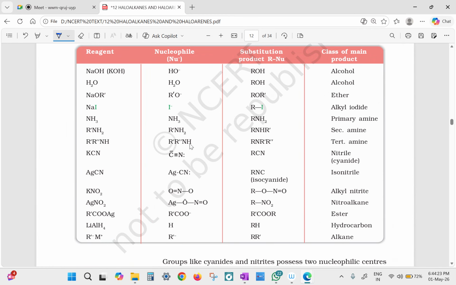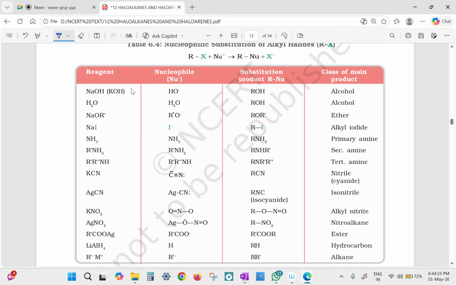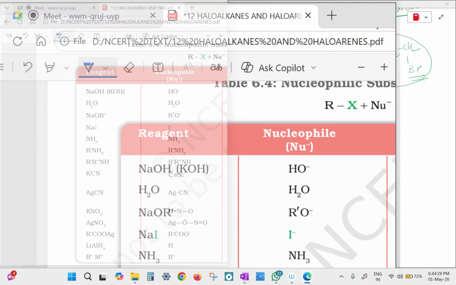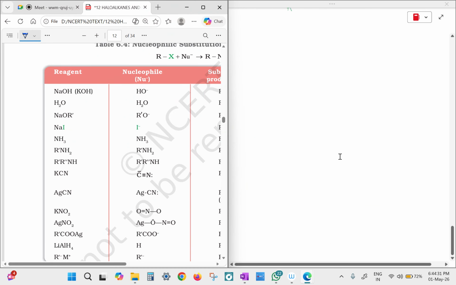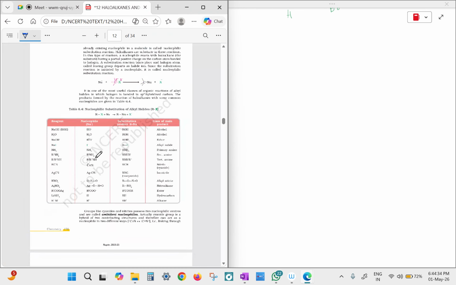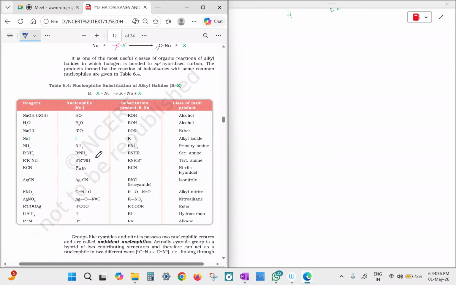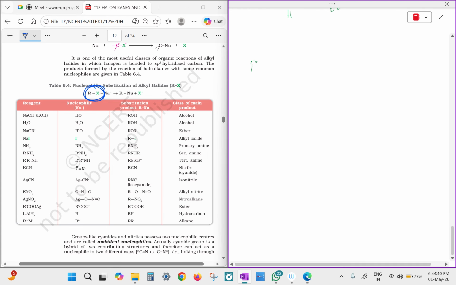See, what is this basically? How to interpret this table? The basic interpretation will be that you take an alkyl halide. So see up here. You take an alkyl halide.